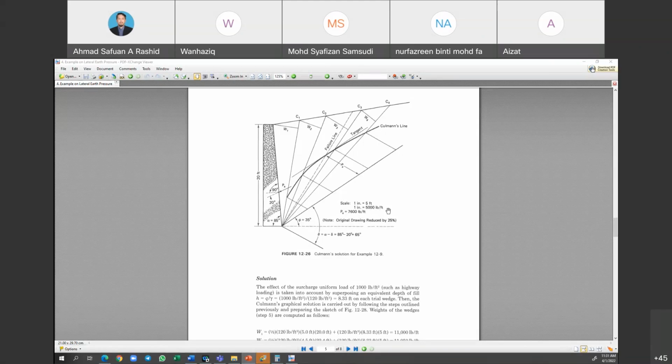In your approach, you may come up with your own scale. For example, 1 centimeter equals 2,000 kilonewton per meter. Sorry, 2,000 per meter, because this is in loads.